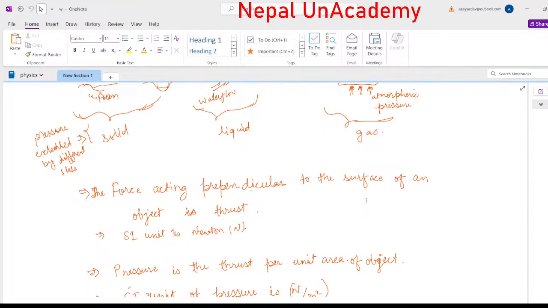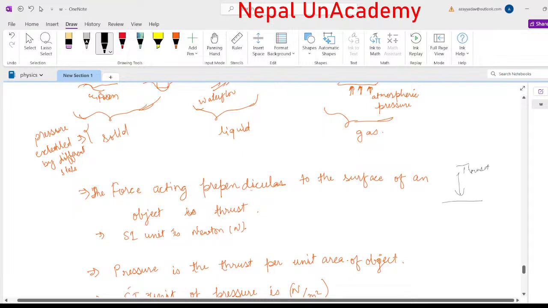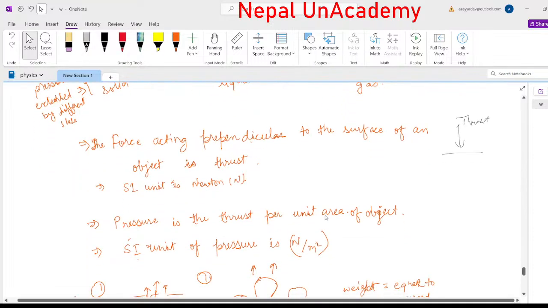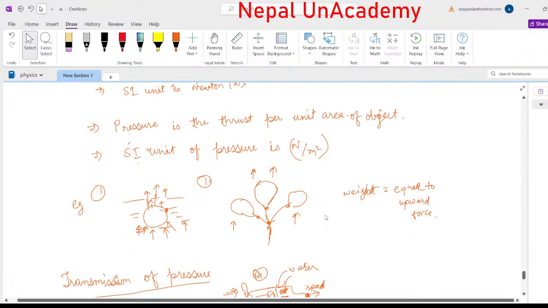In simple words, force acting perpendicular to the surface is thrust, and its SI unit is Newton, the same as force. We also define pressure in simple words as the thrust per unit area of an object, and the SI unit of pressure is Newton per meter square.